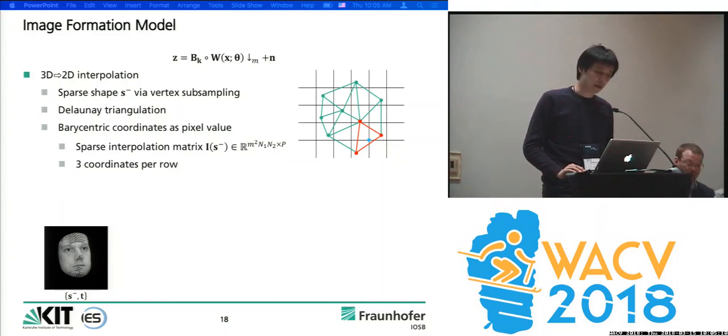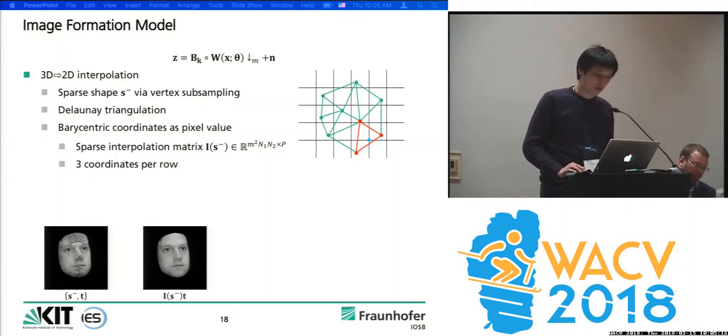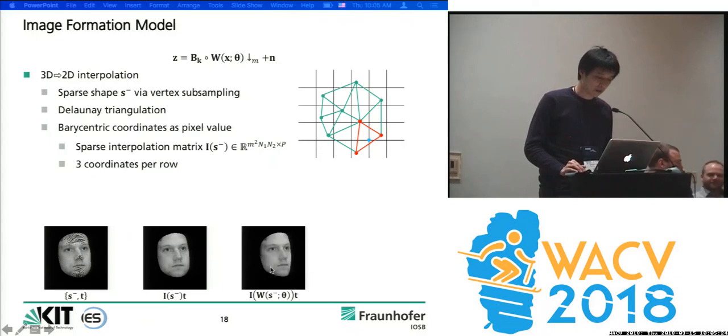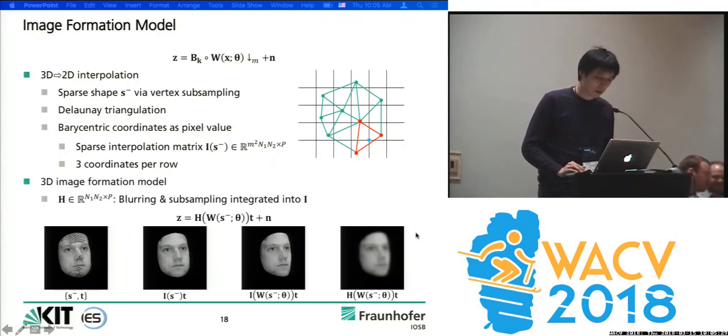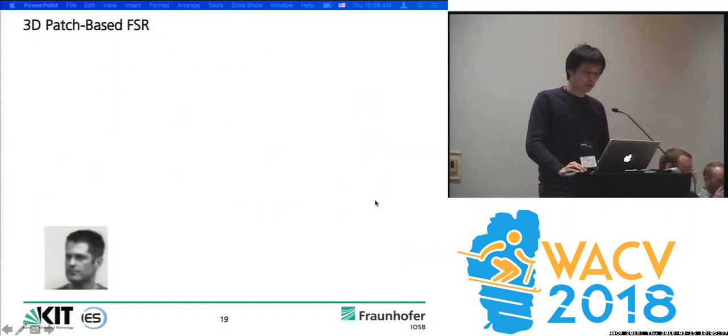So for each row, that is for each pixel, we have three entries of the barycentric coordinates, and then to get a 2D image, we just multiply the interpolation matrix with the 3D texture. And we can also apply motion, and also integrate blurring and subsampling into this operator to get a low resolution output here.